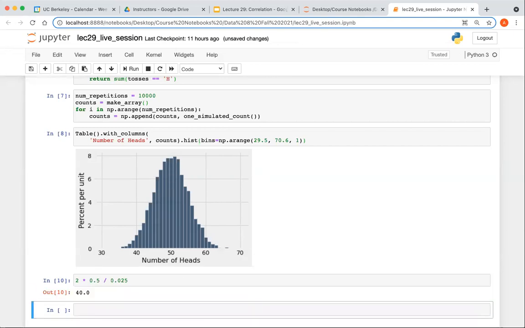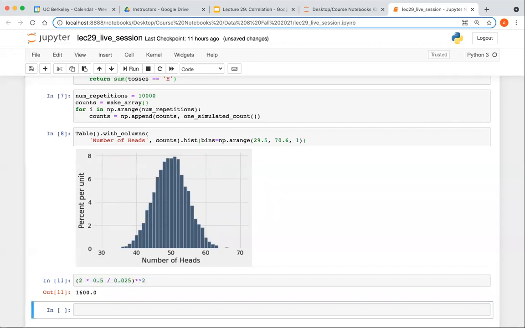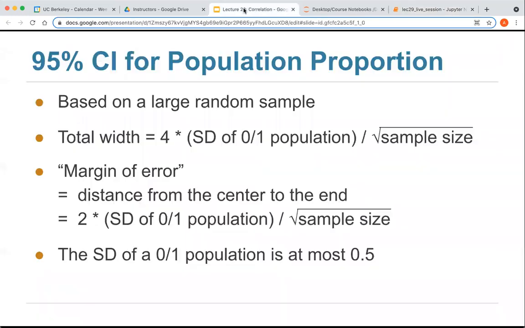Okay, so I get 40. Is that the sample size based on what you've seen? What is it? Square it. Thank you. It's the square root of the sample size. So for the sample size, I should square it. The 0.025 comes from the fact that the question asked for a width of 2.5%.